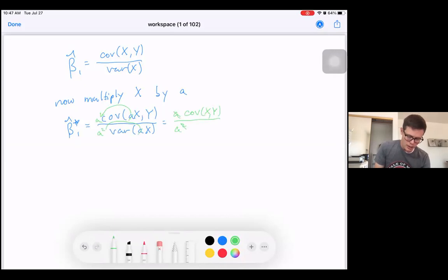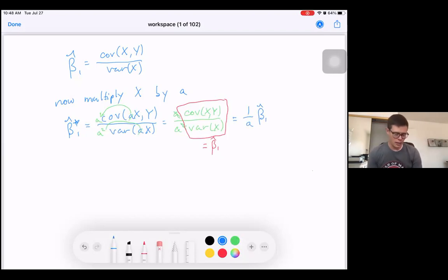I'm going to cancel out the a with the squared term. Then we can notice that this right here is actually our original beta, just hiding there. So the new beta is equal to 1 over a times the old beta, the original beta.